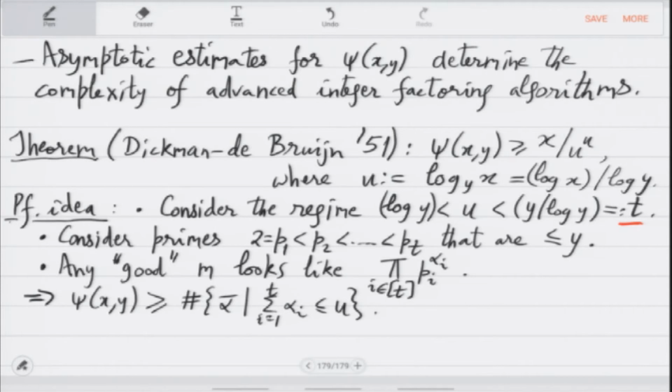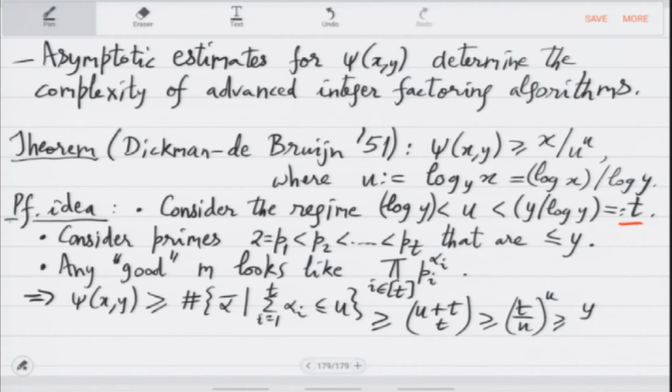And this then is at least, using the binomial estimate, u plus t choose t. Then you use this simple estimate of t by u to the u. In our regime, t is bigger than u, so u plus t choose t will be t by u raised to u. Then you substitute for t.